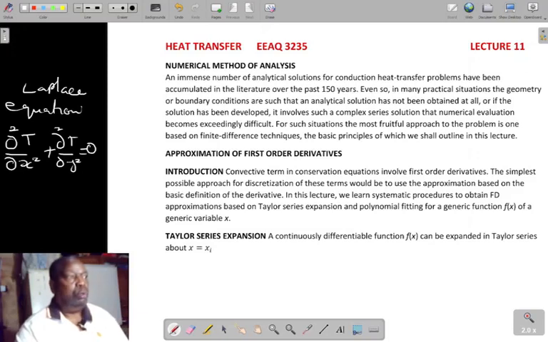So we need to break down the continuum into discrete things that can be understood by our computers.